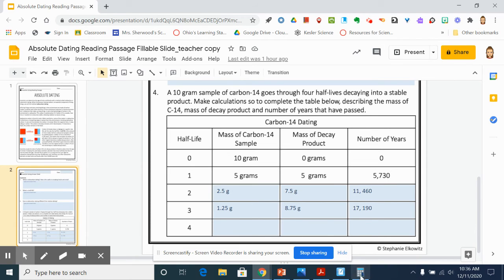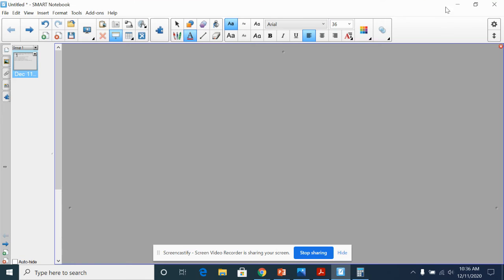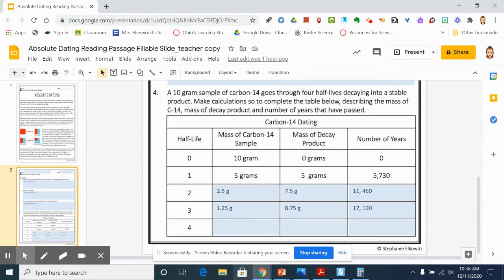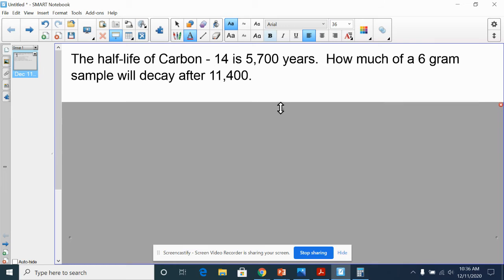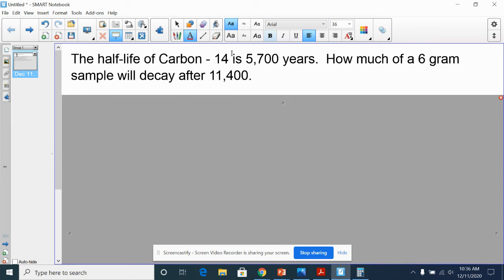And then what I wanted to do next is, I know that on your quiz that you guys have today, the very last question is a little bit of a challenge. So it's similar to this question. This question is saying the half-life of carbon-14 is 5,700 years.